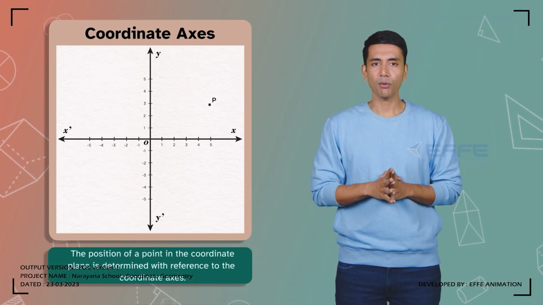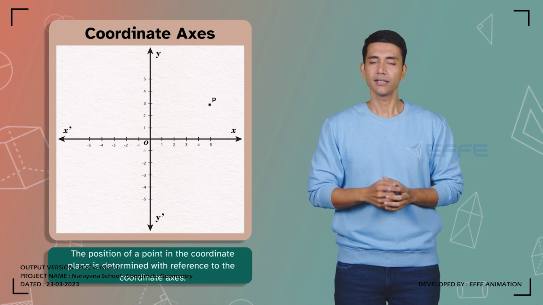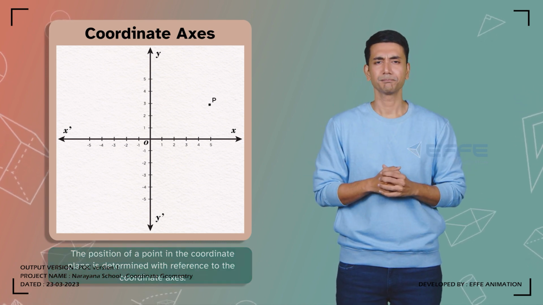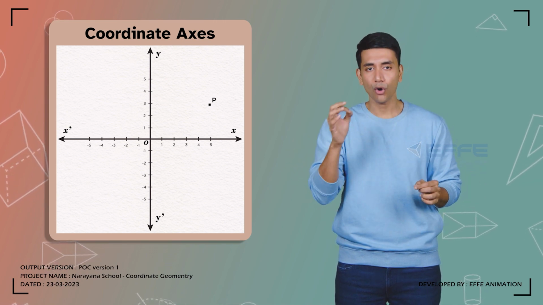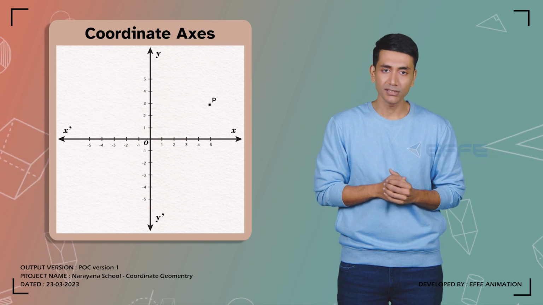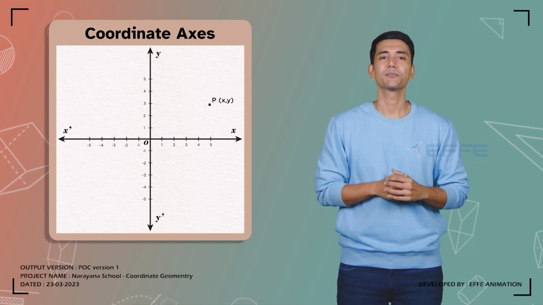The position of a point in the coordinate plane is determined with reference to the coordinate axes. Any point on the coordinate plane can be represented by an ordered pair of numbers (x, y).